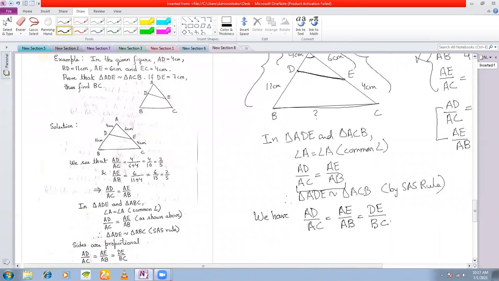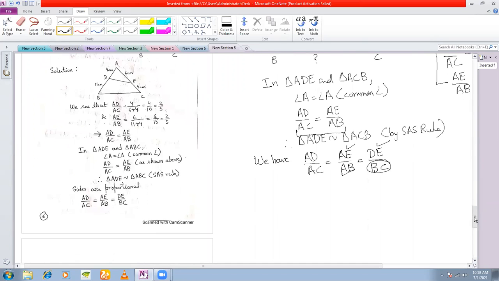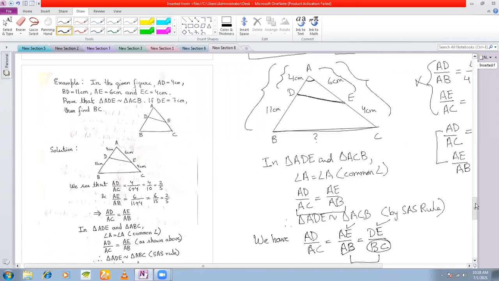So we now want to find out the length of BC here, right? And what all are given? AE and AB are given. Is DE given? Yes, DE is also given. So that means we can use these two equalities. So therefore, AE by AB is equal to DE by BC. How much is AE by AB?